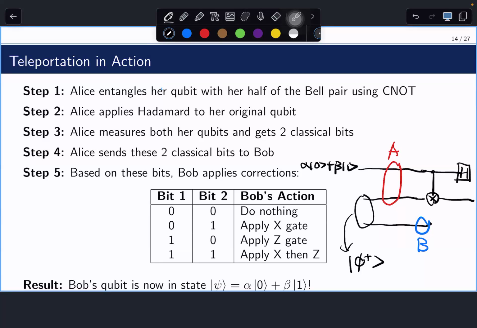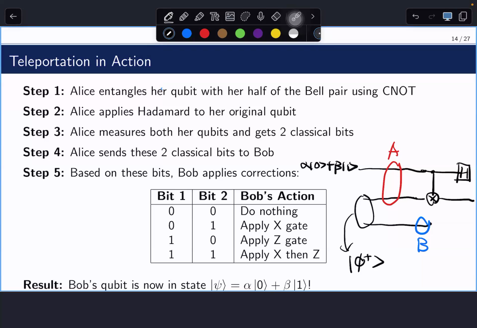After we append these two gates, I think it's interesting because it's just a symmetrical version of how you create the Bell state here. It's just a symmetric circuit component. After that, you do the measurement of these two qubits, and the results of these two measurements will be sent to Bob. Bob will use the results to do some kind of correction here.